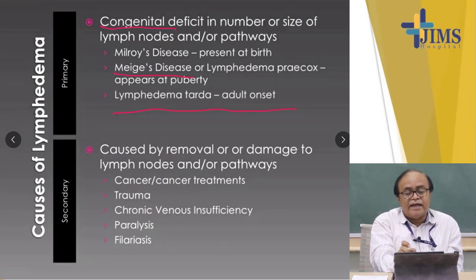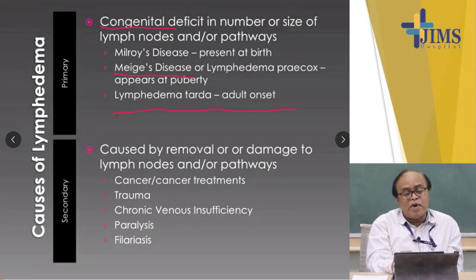Cancer. Cancer spreads to lymph nodes, totally destroys their function and obstructs the channels carrying lymph. Or following cancer treatment, that is radiotherapy, which may damage the lymphatic system and obstruct the transport of the lymph.